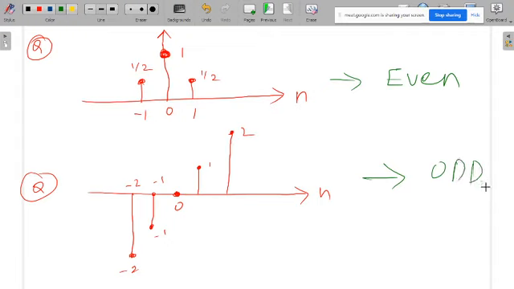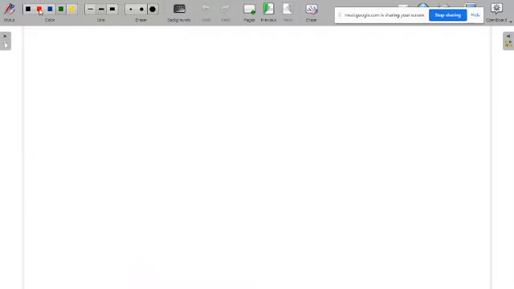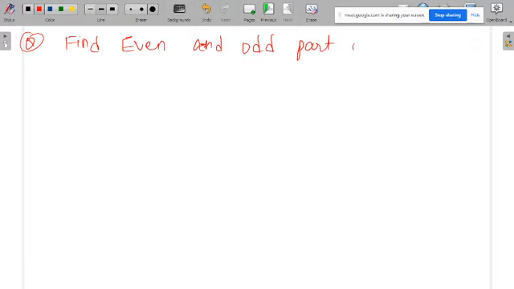Okay, so next we will take a somewhat complicated problem, and we will try to find the even part and odd part of that signal. Find the even and odd part of the given signal.